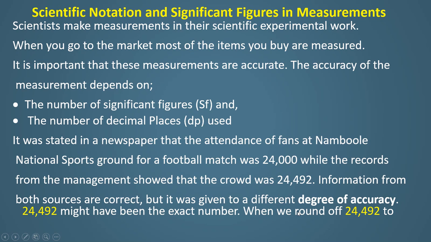When we round off 24,492 to two significant figures, it is 24,000. So the newspaper rounded off to two significant figures. Okay? But the management recorded the exact number which was in the sports ground.